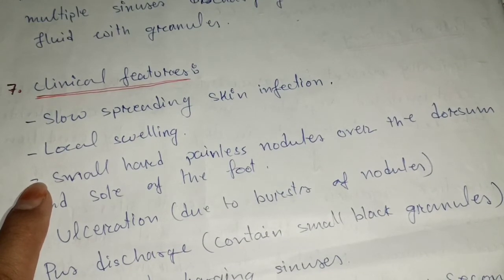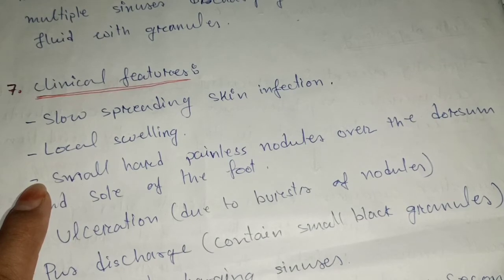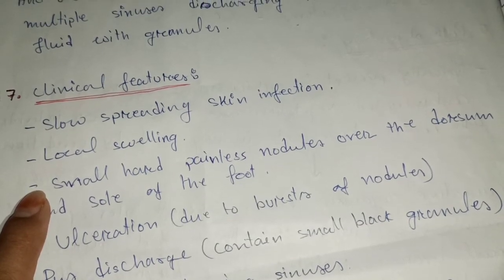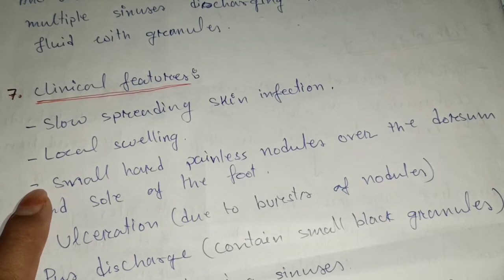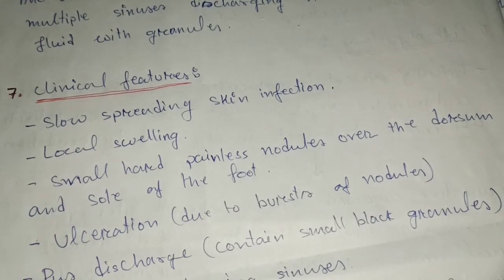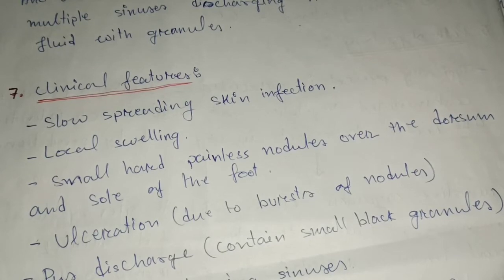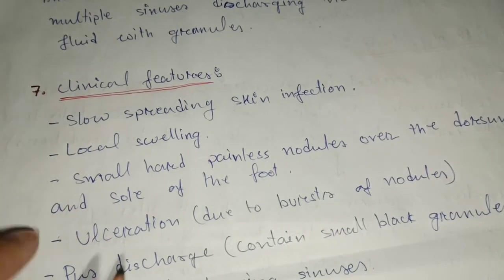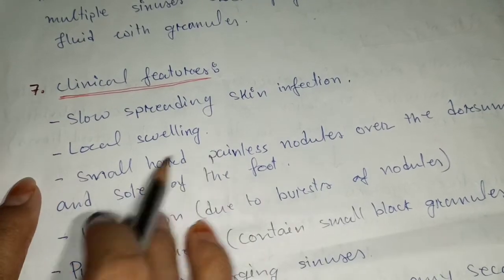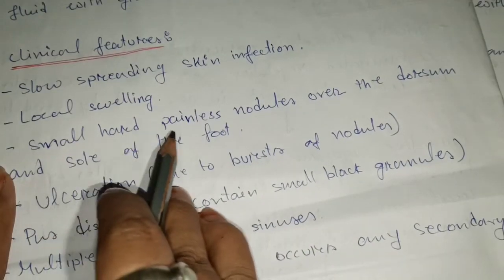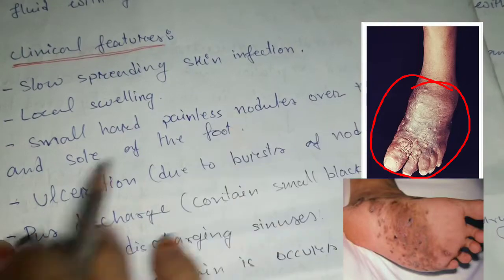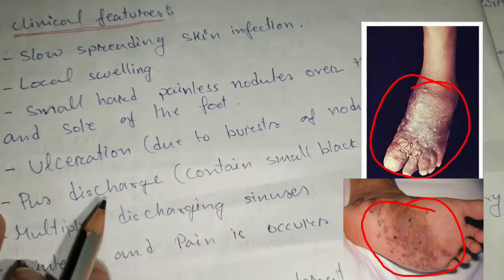Basically, when the fungus infects our body, or infects our foot or other areas, the infection does not affect the body directly; it spreads slowly, and our skin is affected first. Then there are local swellings, and small hard painless nodules form over the dorsum and sole of the foot.